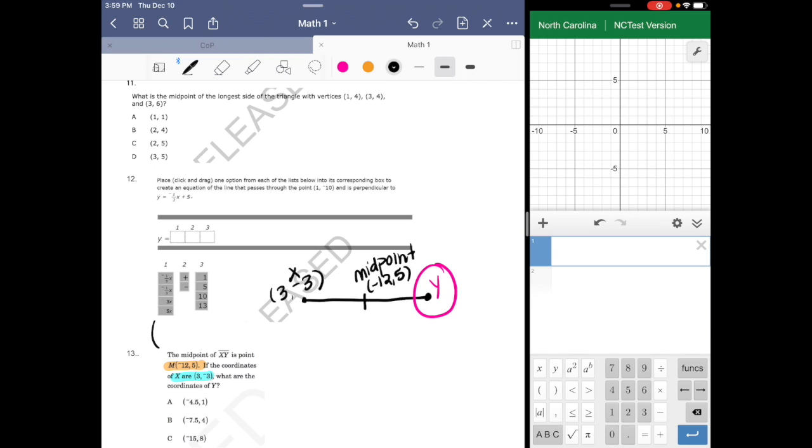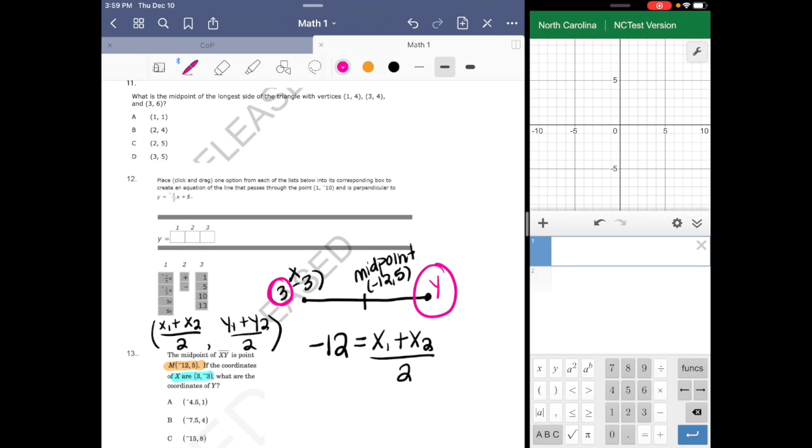So we're going to set up our midpoint formula. So remember, our midpoint formula is my x's added up divided by 2, and my y's added up divided by 2. Now, I know my midpoint for my x value is negative 12. So negative 12 equals the x's added up divided by 2.